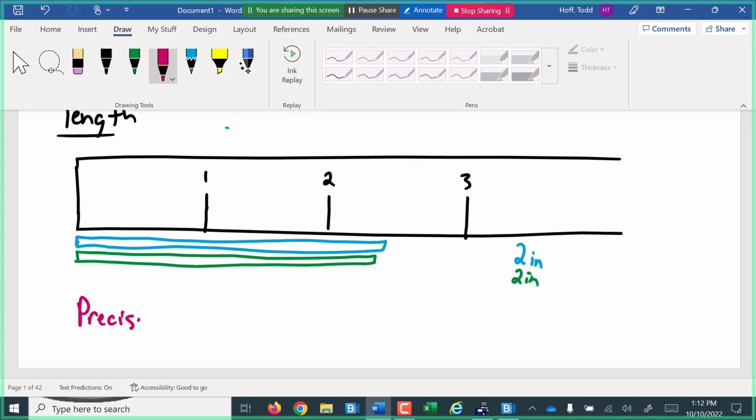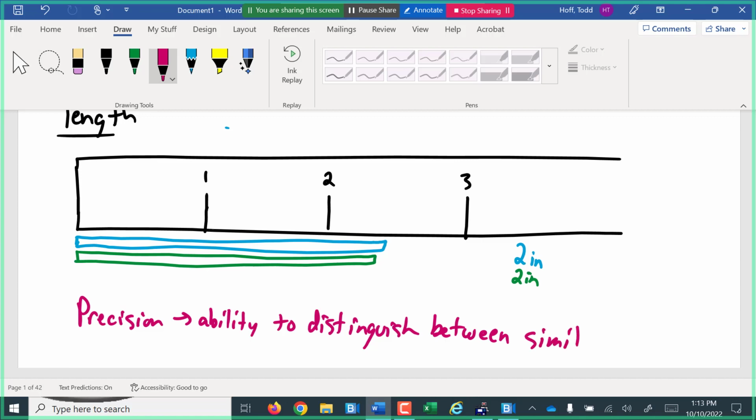The precision of a measuring device is the ability to distinguish between similar objects. So this measuring device cannot tell the difference between the blue bar and the green bar. It is not precise enough to tell the difference between those objects.